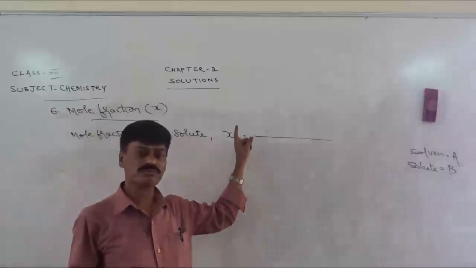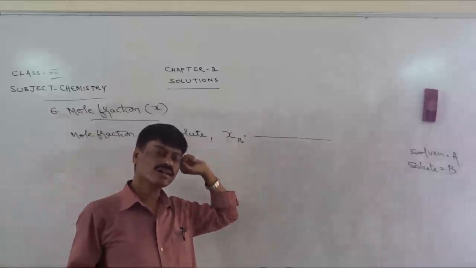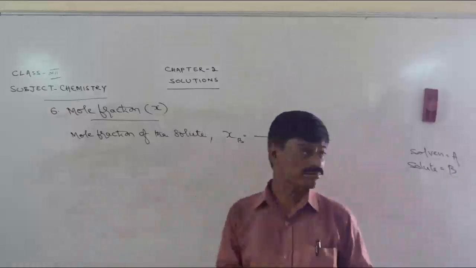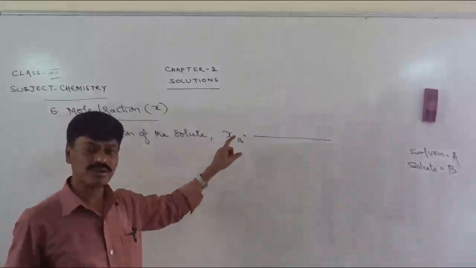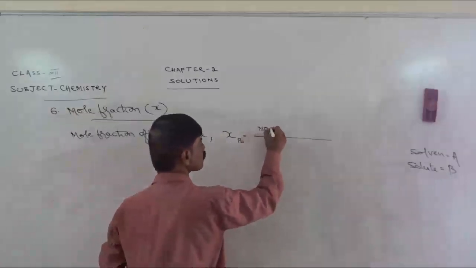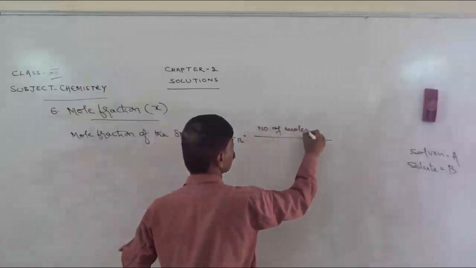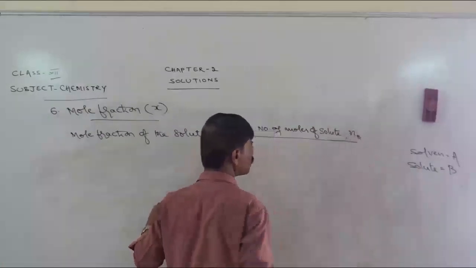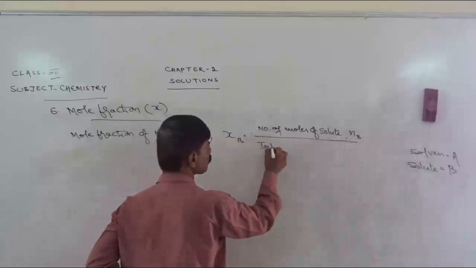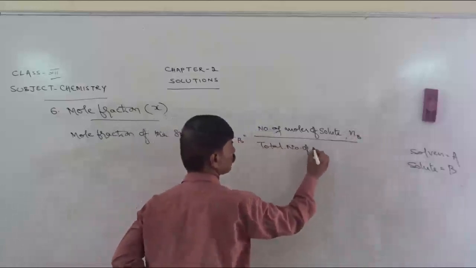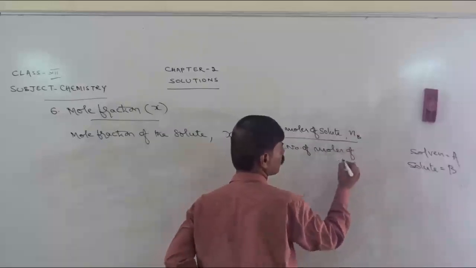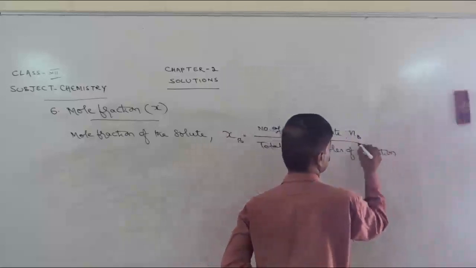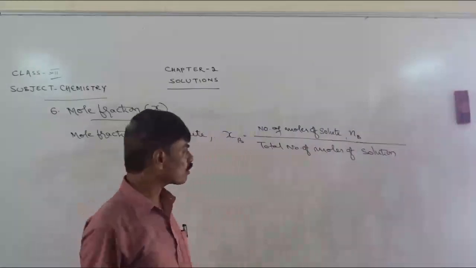Its number of moles should be the numerator, divided by the sum of the number of moles of both the components, that is A and B. So mole fraction of solute chi B is equal to number of moles of solute, that is nB, divided by total number of moles of solution. Solution means here both the components together.